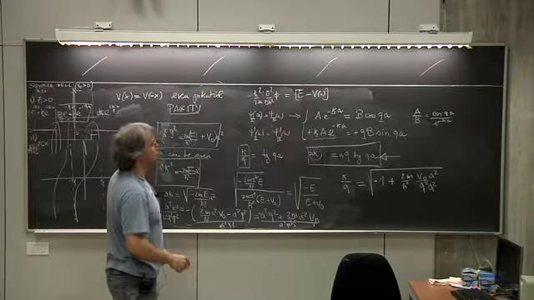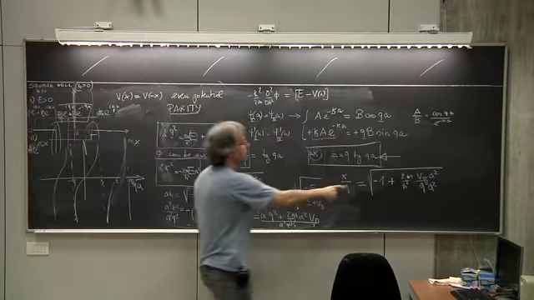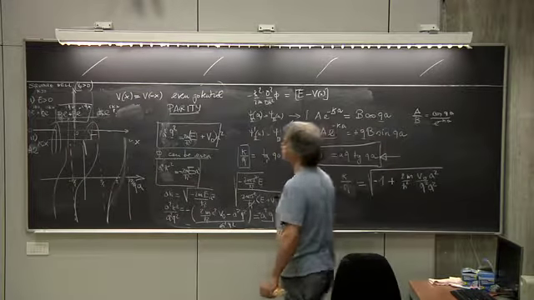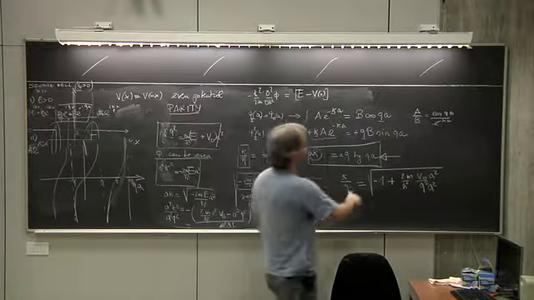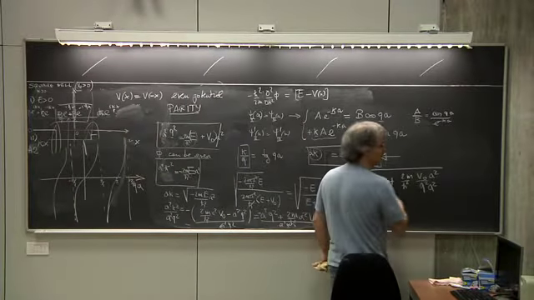And then at a certain point, however, that function reaches the 0. Where does it reach the 0? Well, you have to equate this object to 0.